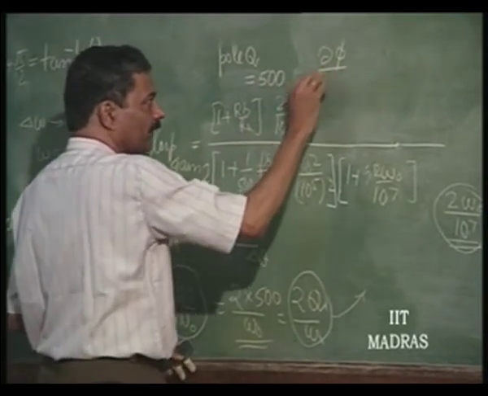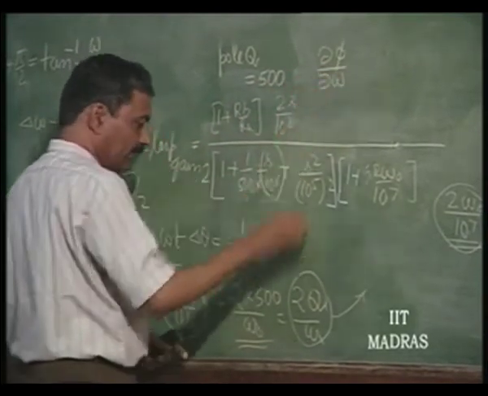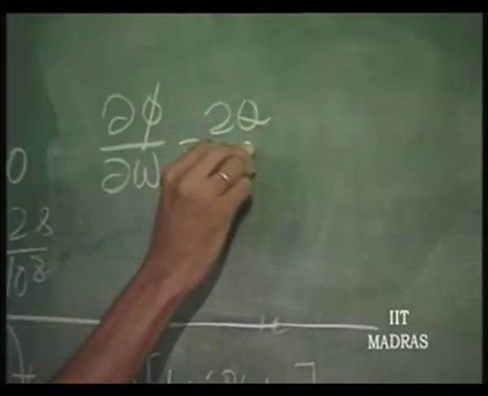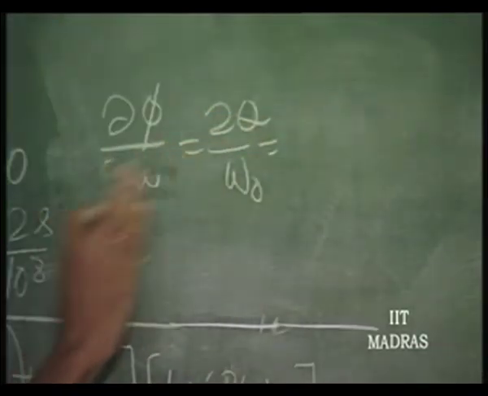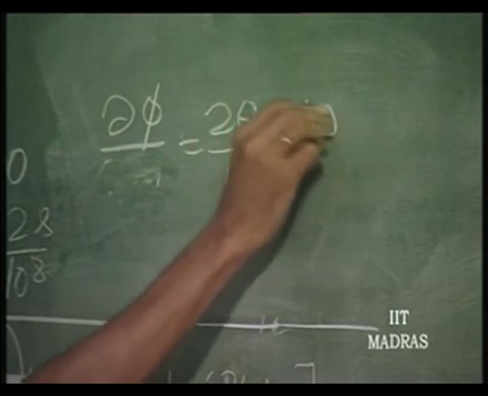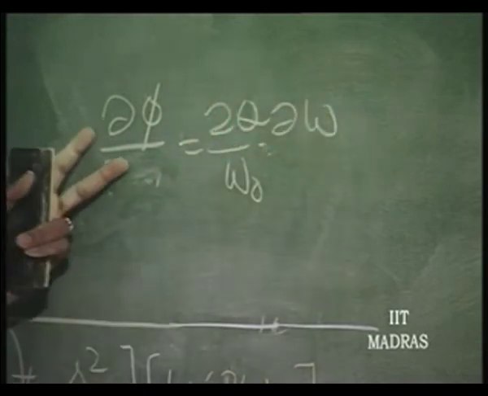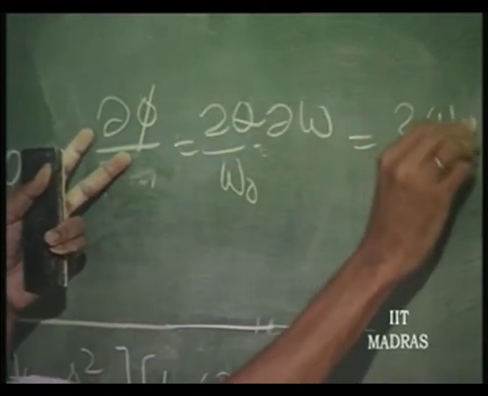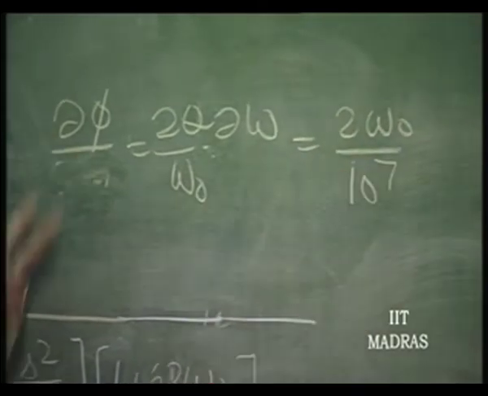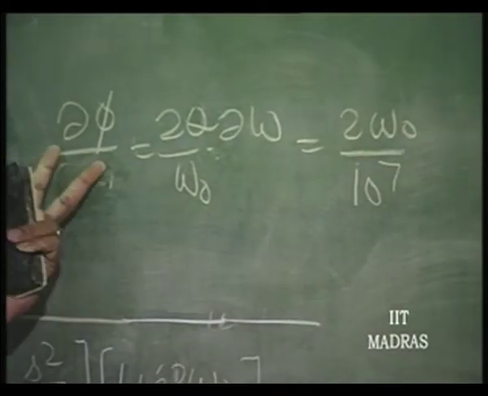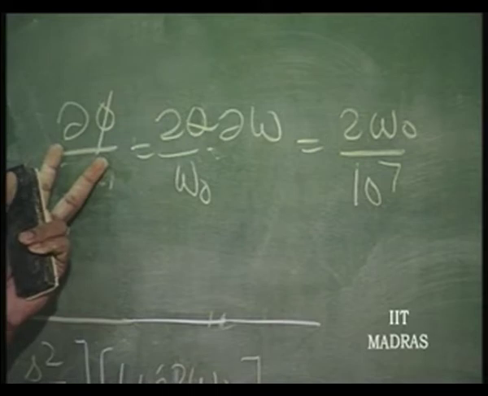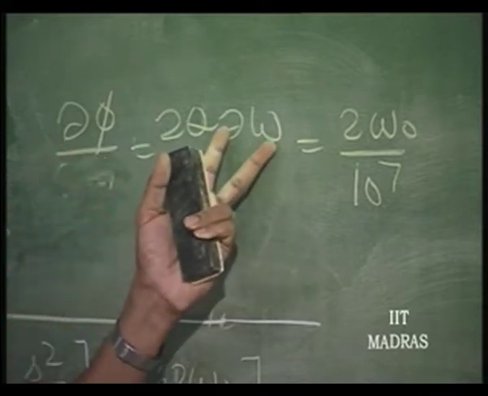Delta phi by delta omega is 2Q by omega naught. That means, this into delta omega. So, delta phi is 2 omega naught divided by 10 to the power 7. That is the phase error. And what should be the delta omega?